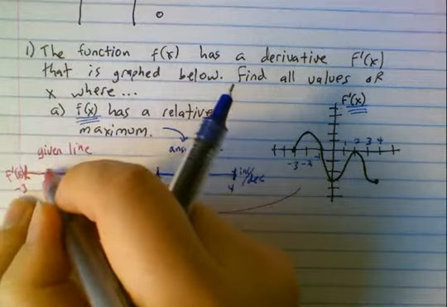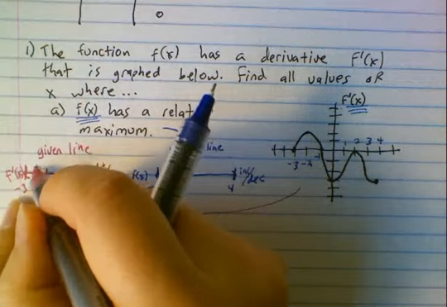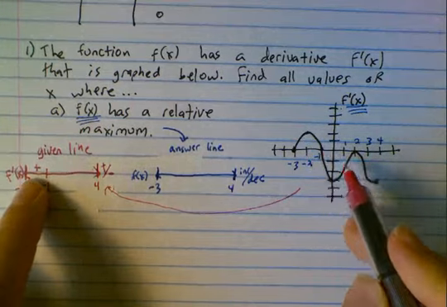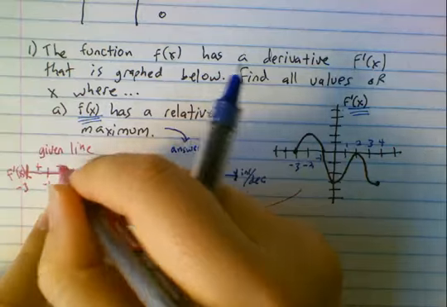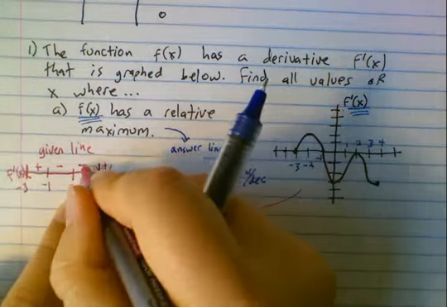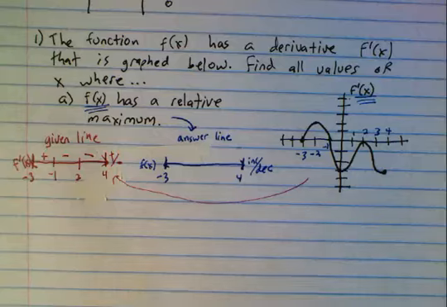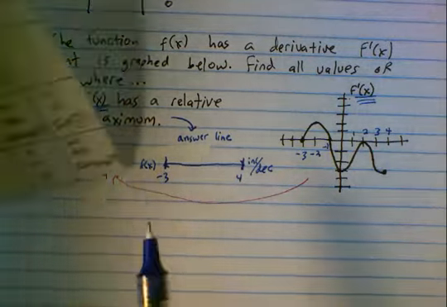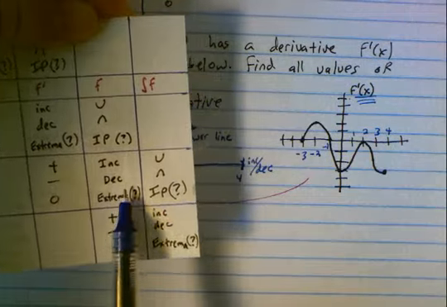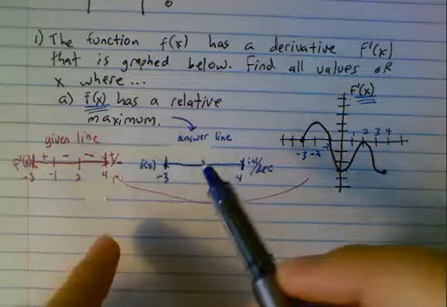So from -3 to -1, f prime is positive. From -1 to 2, f prime is negative, and from 2 to 4, f prime is also negative. Once I have that, I can translate this back the other way into f.